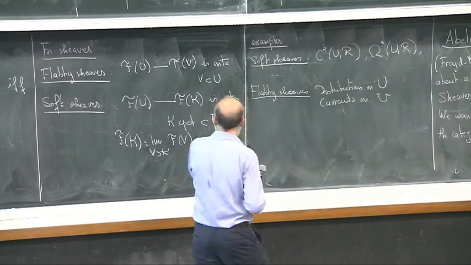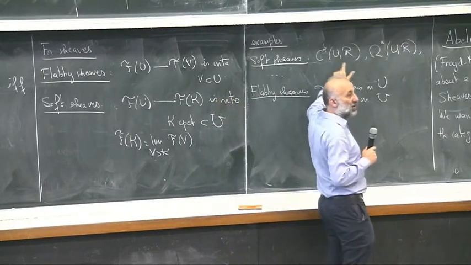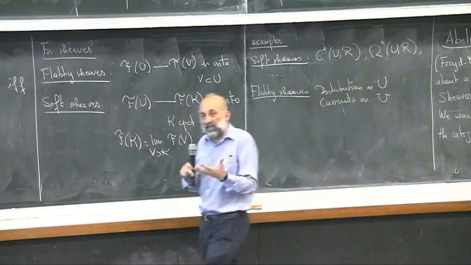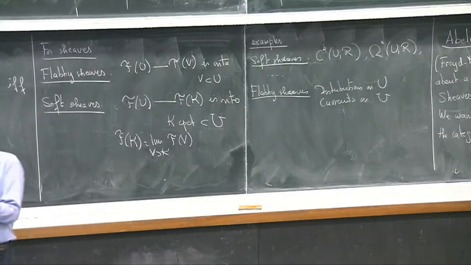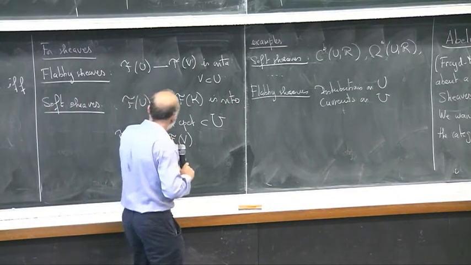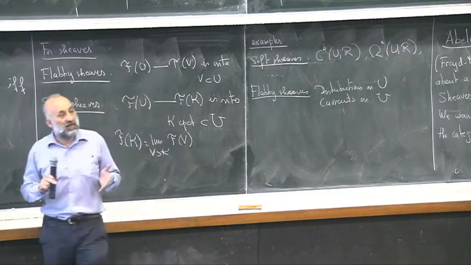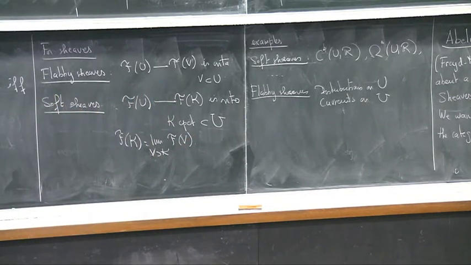So why, for instance, is this soft? Well, it's almost by definition. What is a C^k function on a compact set? By this definition, it means it's a C^k function on a neighborhood of your compact set.